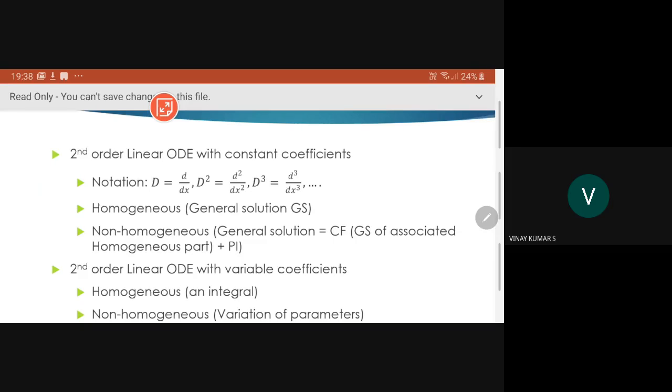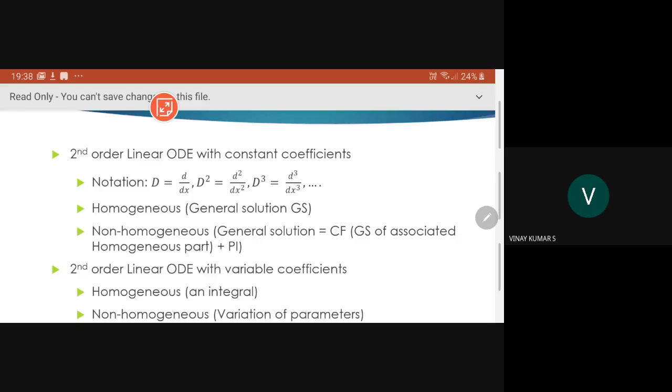I have divided this whole thing into two parts. If it is constant quotients, we have homogeneous and non-homogeneous.